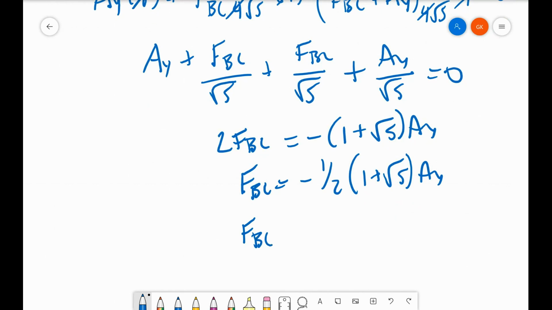And did I do anything wrong here? Probably at some point. I probably have a sign wrong. That's being in compression. It's going to be equal to negative 1/2 times 1 plus square root of 5 times 4,000.